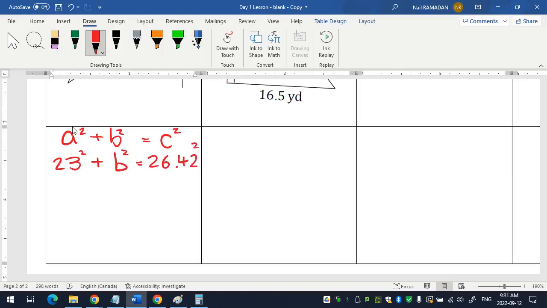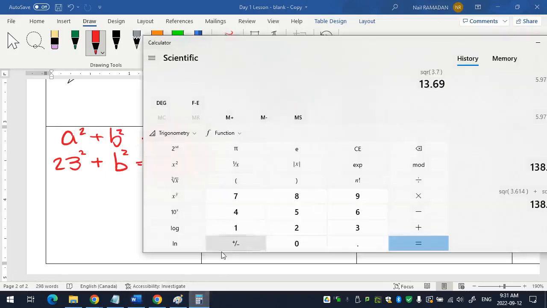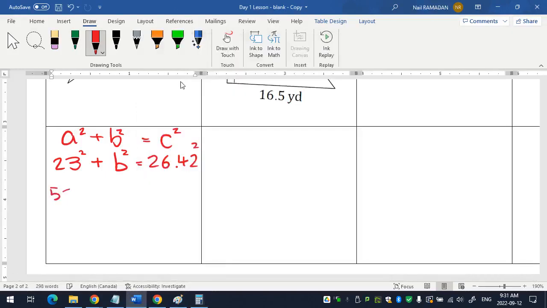Let's square. What's the square of 23? 529. All right, 529 plus B squared equals.